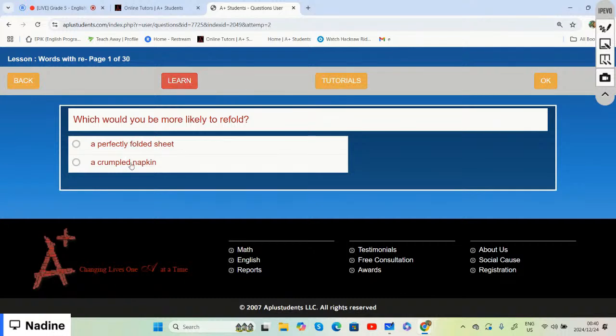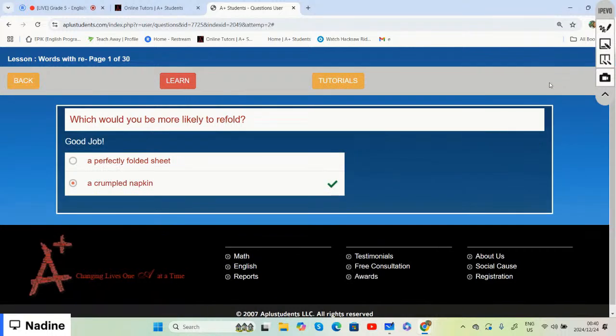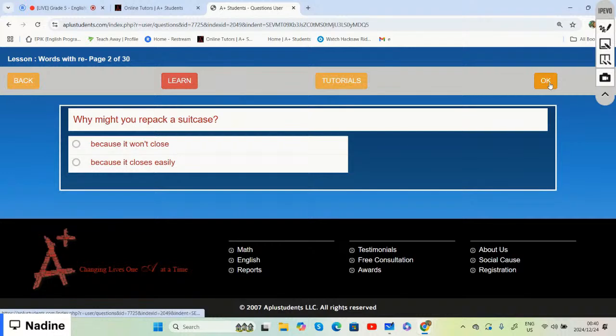A crumpled napkin is something that you would have to refold again, because re means again.